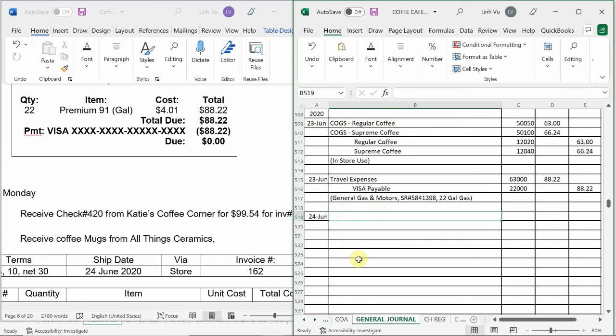Accounts payable. Not accounts payable. Okay, she's a customer, not a vendor. We're not paying Katie. Katie paid us. Oh, sales receivable? Not sales receivable. What is it that we use to represent? Checking? Well, we are going to be receiving money. That's correct. Checking. We received money.